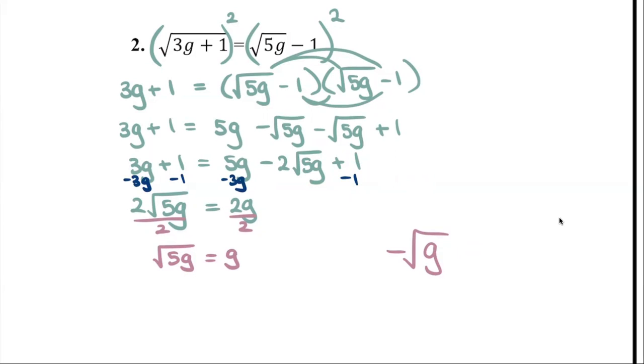Oh wait, so negative 10 rad g like that? I meant the negative is on the outside, and then it's 10 rad g. So yeah, because negative 5 rad g and then minus negative 5 rad g is negative 10 rad g.